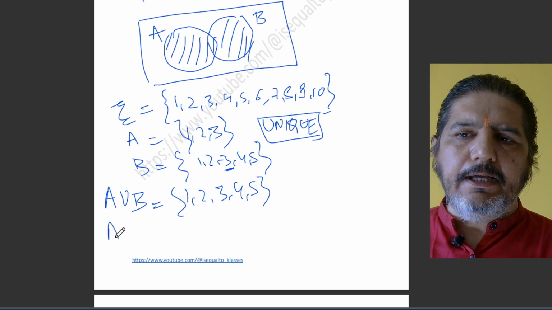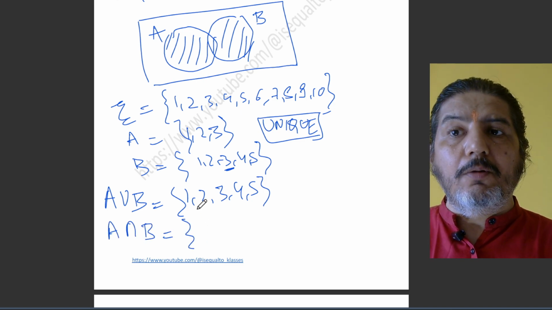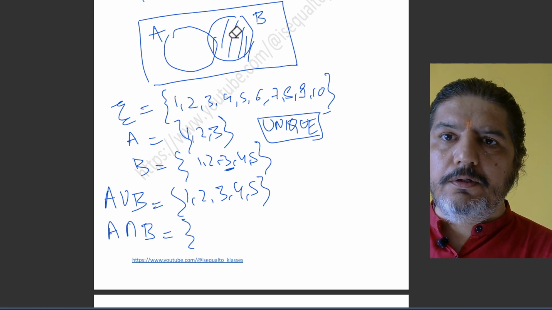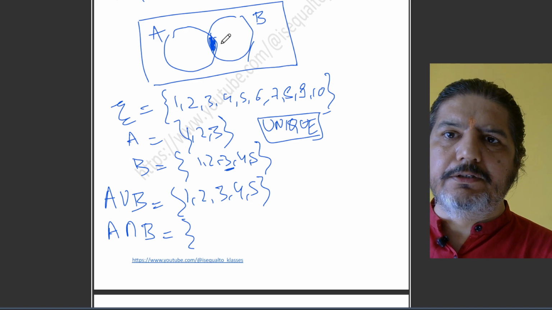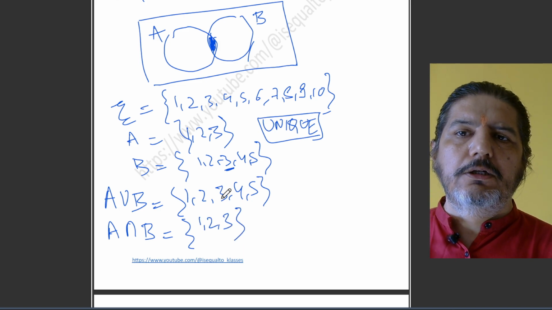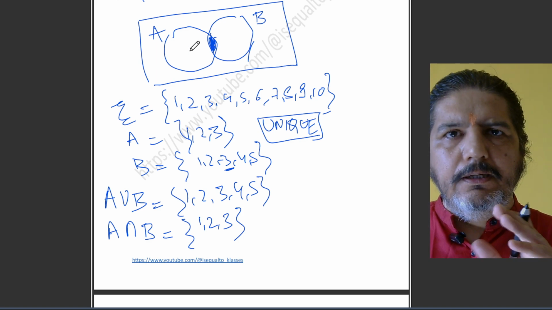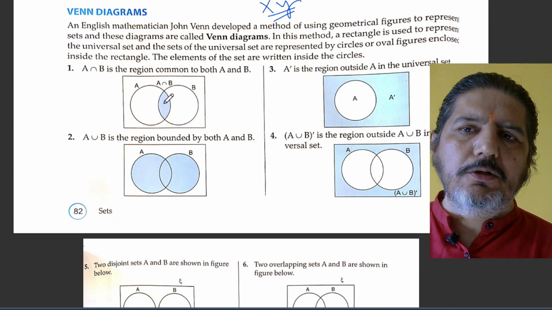Now, A intersection B are the elements which are common in both A and B. In terms of Venn diagrams, the elements which are common in both A and B would be these. In our case, this would be 1, 2, 3. So A intersection B in terms of Venn diagrams is shown like this. A intersection B is the common part.